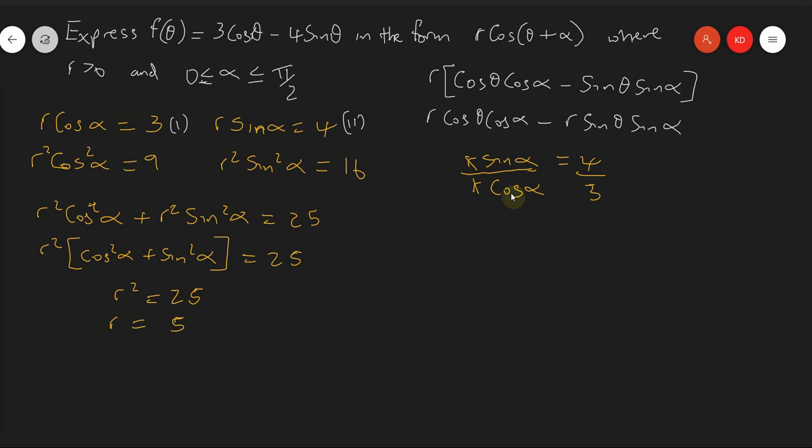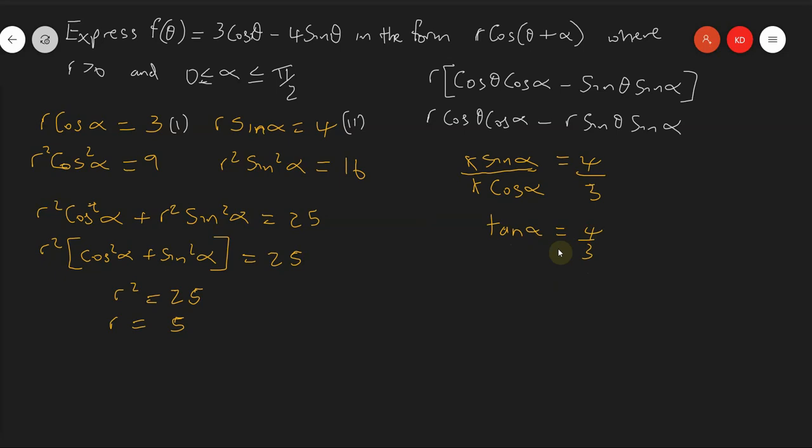But if we can recall from a previous video, sin over cos would give you tan, so tan alpha would be equal to 4/3, and all we need to do now is just find the tan inverse of 4/3.